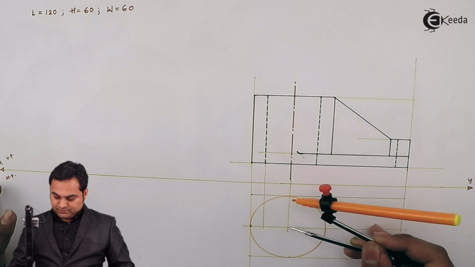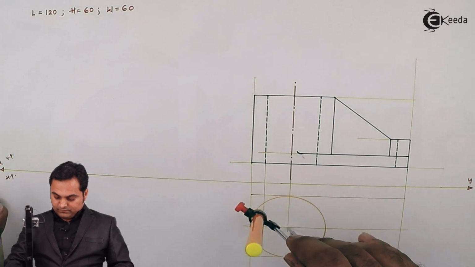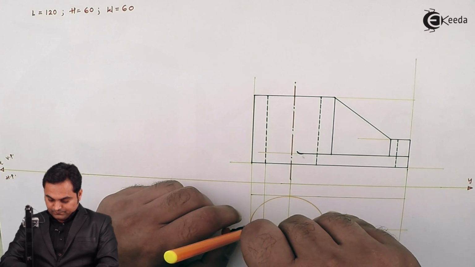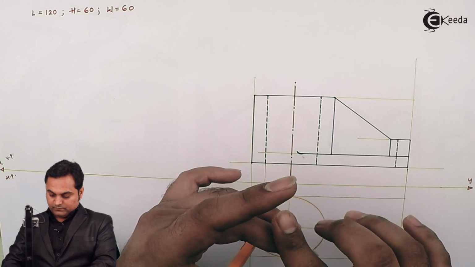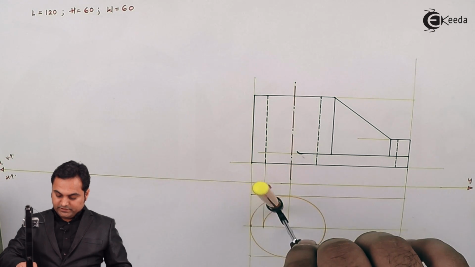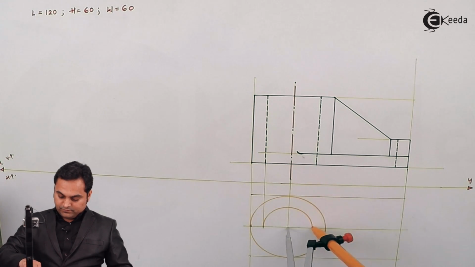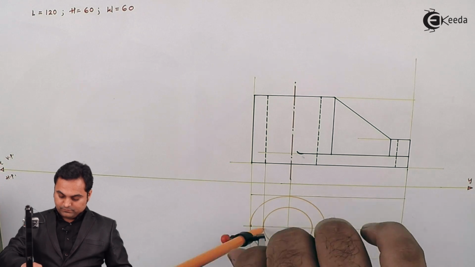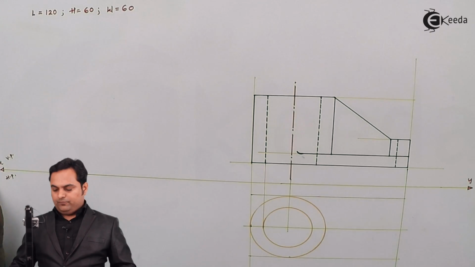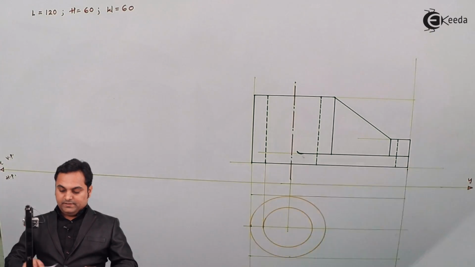Measuring the distance from the center up to the radius. Drawing a light circle. So these two circles are visible from the top view.